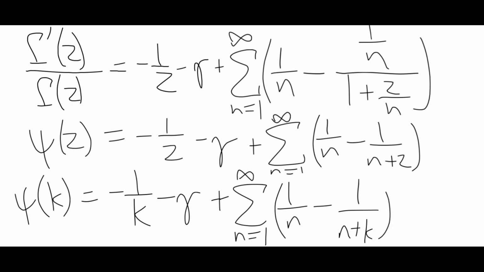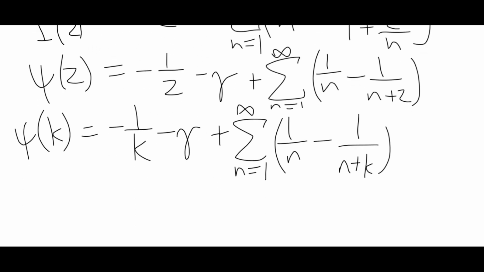So I have a harmonic series, but I'm subtracting 1 over k, 1 over k plus 1, 1 over k plus 2, and so on. So what I end up with is really just the first k minus 1 terms of the harmonic series. So for integers, digamma of k is the k minus first harmonic number minus gamma.